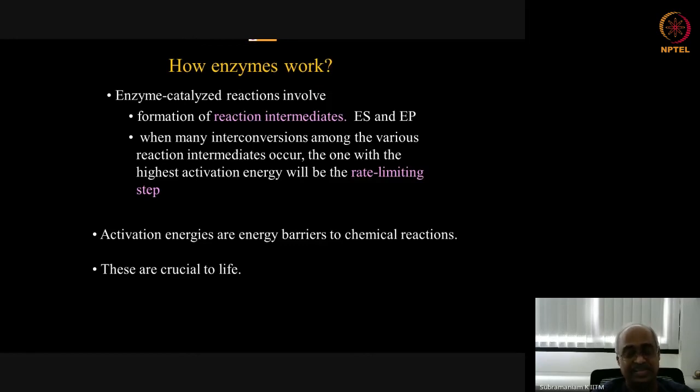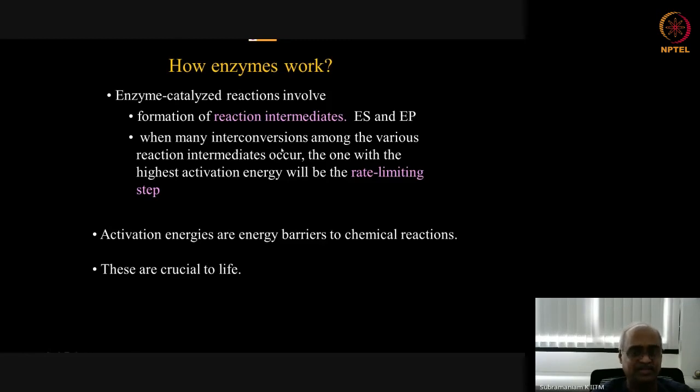So this is not equal to free substrate. So in that sense it is an intermediate. And as a result of those constraints, certain bond breaking and joining have been made possible. So it moves from ES to EP. And these two are reaction intermediates.